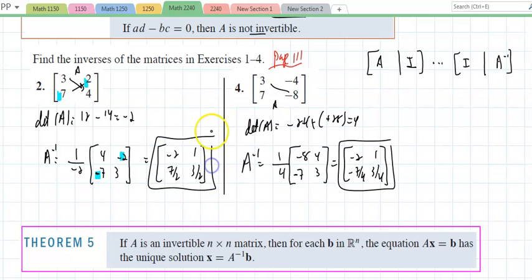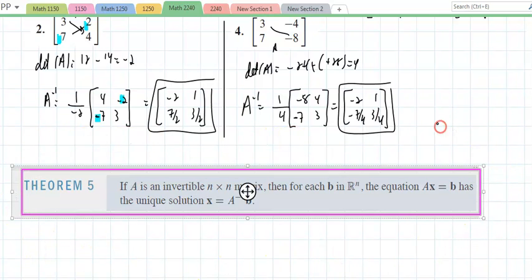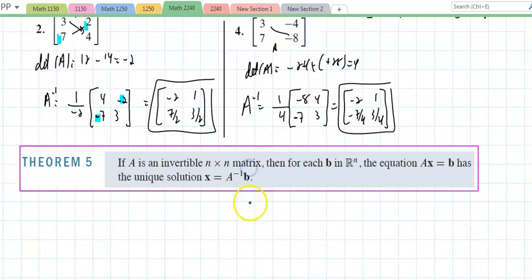Finding the inverse is a lot of work. We're more interested in this class in what that means and how you play with it. We have a theorem, and I need to elaborate on the theorem a bit. Theorem 5 says if A is an invertible n by n matrix, and you have the equation Ax equals b, what you do is multiply on the left by the inverse.